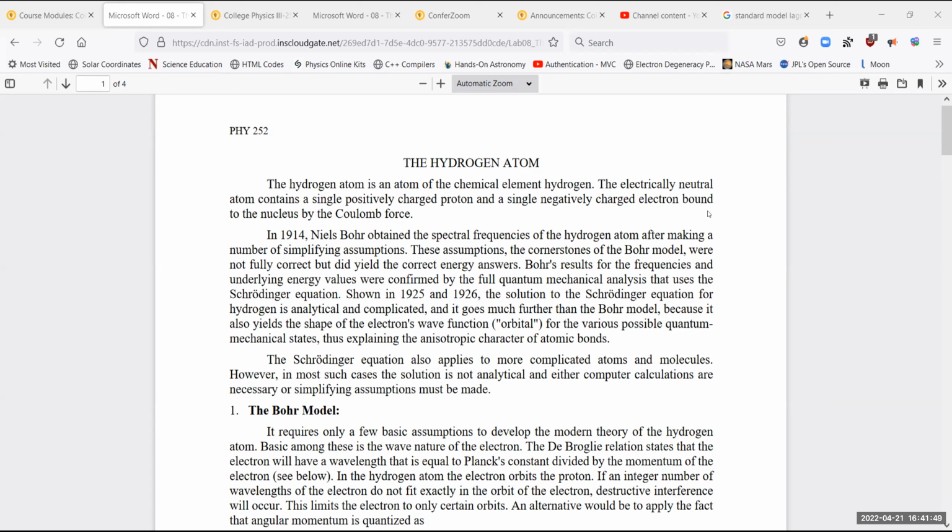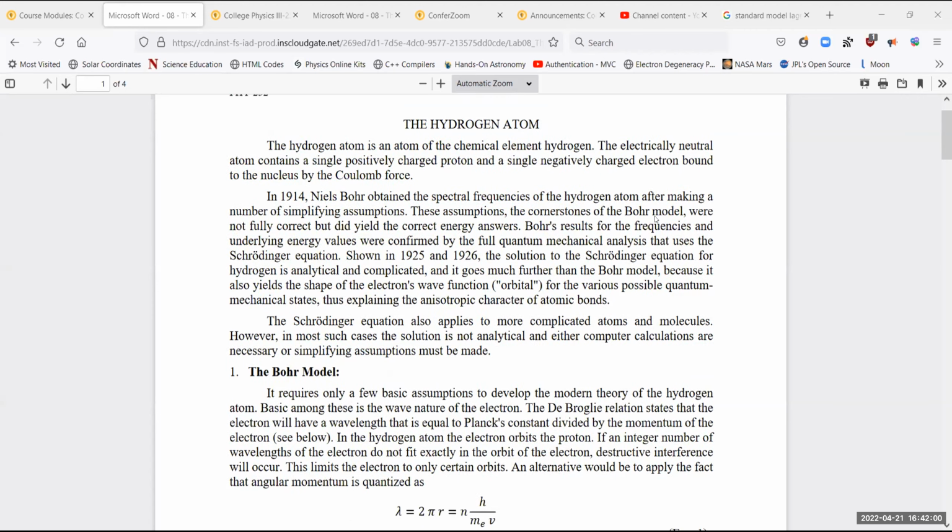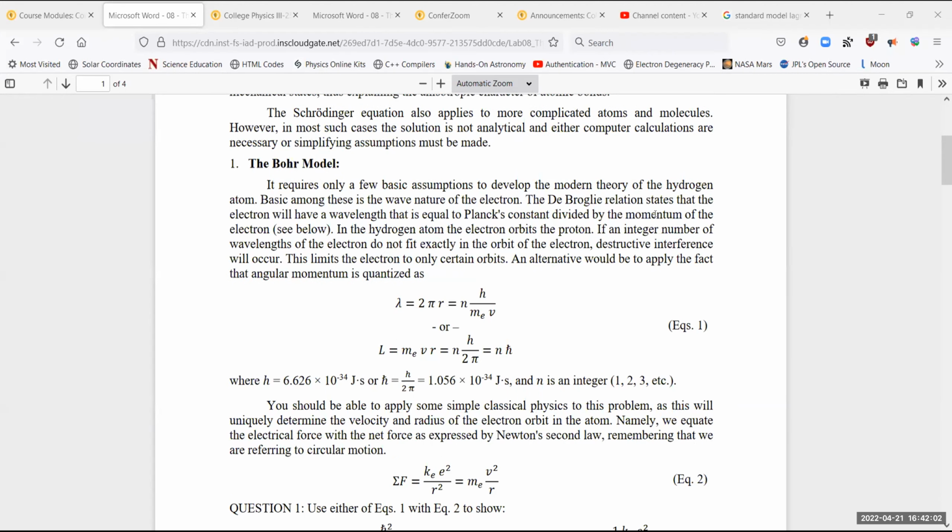So basically, this is the lab. It really goes back to the Niels Bohr model, which is way back in chapter 38, if you guys remember. So this is stuff that we did a long time ago. The theory is not hard at all.